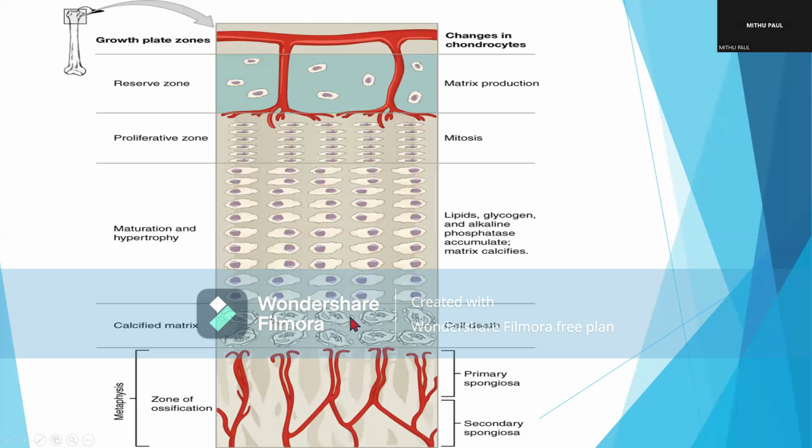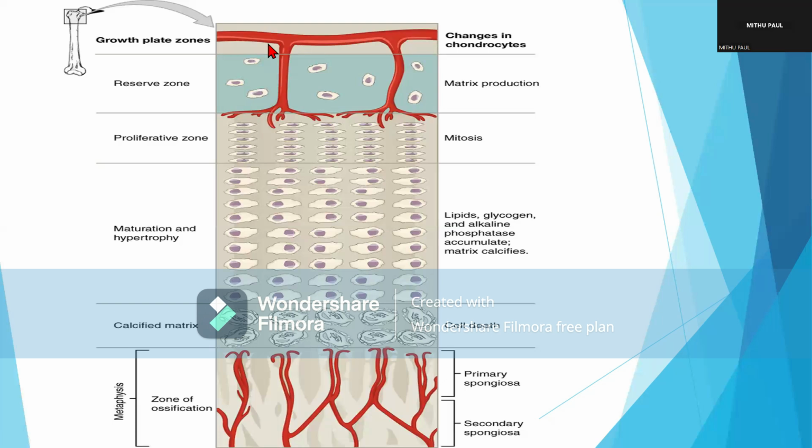In the zone of the growth plate, you have the next zone, that is the maturation zone or hypertrophy zone, where the chondroblasts are lying in hypertrophic form. Then there is the zone of proliferation, where the cells are proliferating in huge number, so they will enlarge, and these are the reserve zone.